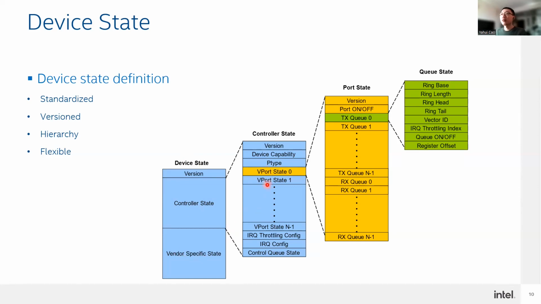This can help us very easily describe the state and also very easily parse the state. Since all this is defined in a version and hierarchy structure, this can help us extend the device state whenever we add something in the future. So it's very flexible and easy for future state extension.